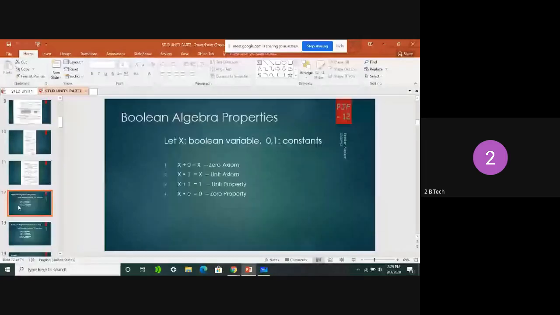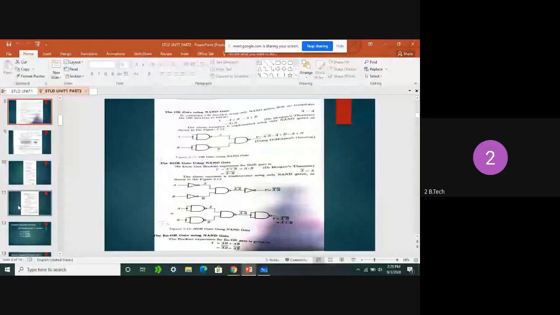And one more thing we need to remember: clearly we mentioned what the universal gates are, in the sense NAND gate and NOR gate. Even fundamental gates we can construct using NAND gate and NOR gate. In the next session we can see why NAND gate and NOR gate are mentioned as universal gates.